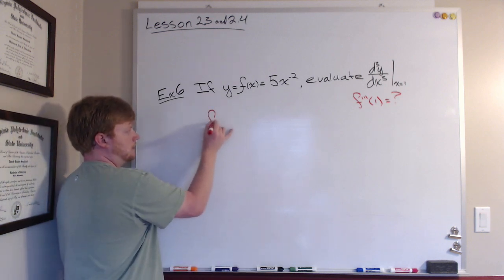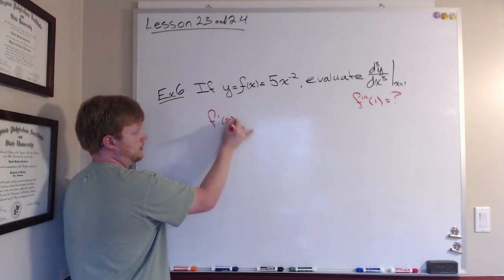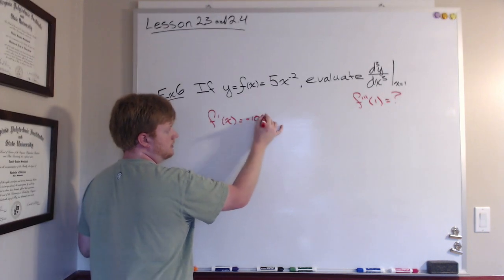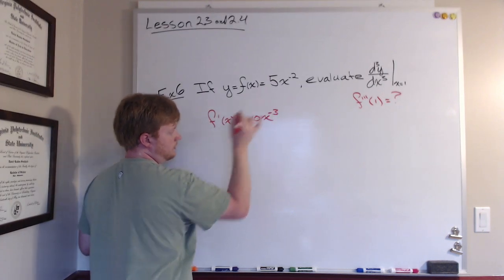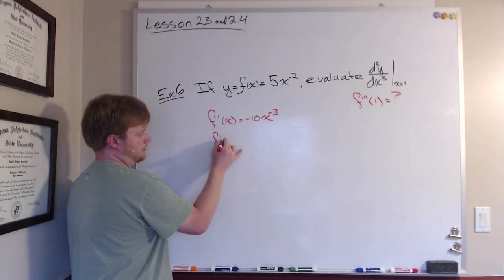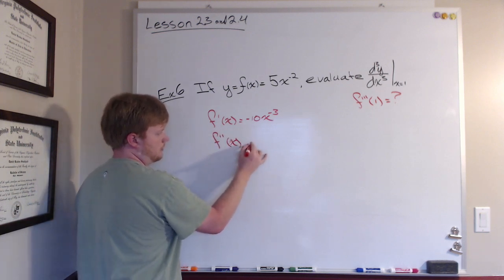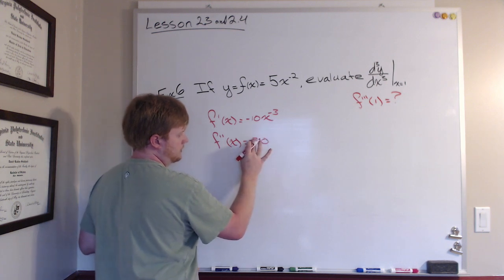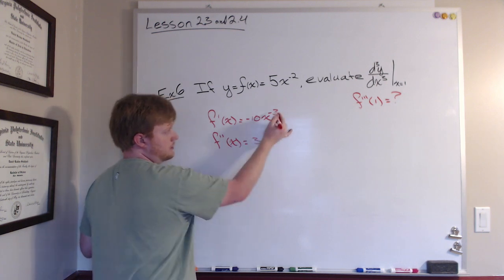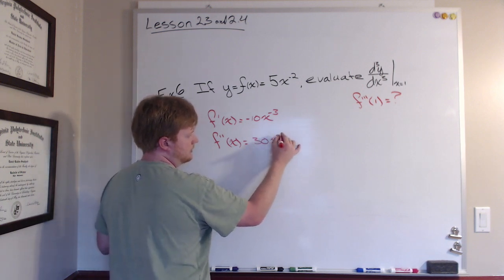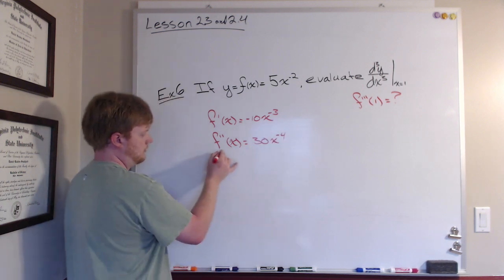So let's get started with the first derivative of f, which is negative 10 x to the negative 3. All right. The second derivative of f, which will be positive. It's the negative 3 times the negative 10. Positive 30 x to the negative 4.